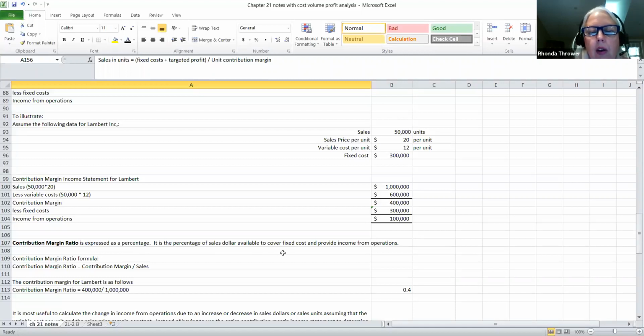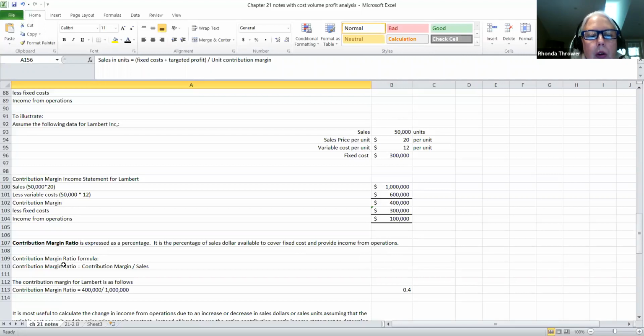It is the percentage of sales dollars available to cover the fixed cost and provide income from operations. So there's a percentage that we would come up with here that would be considered the contribution margin ratio, and that percentage is what we have as a percentage of each sales dollar to cover the fixed cost.